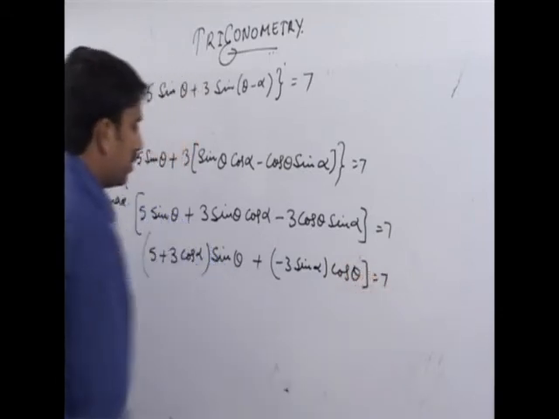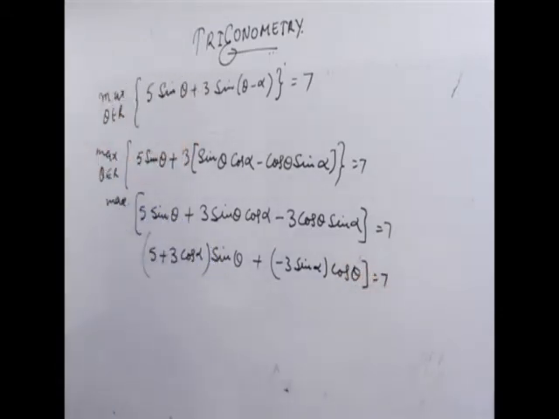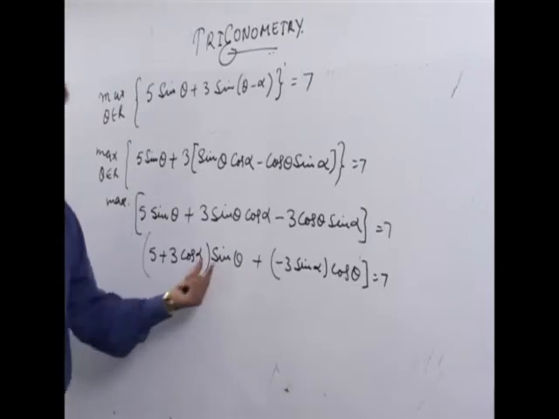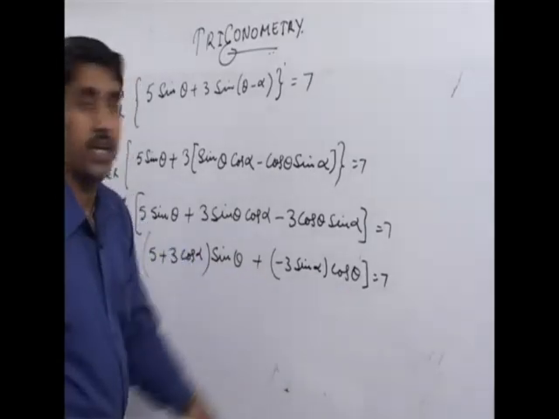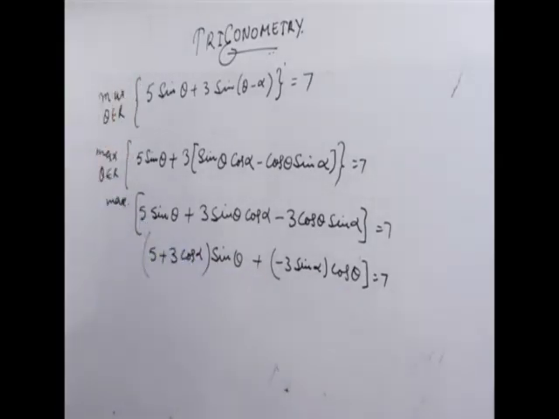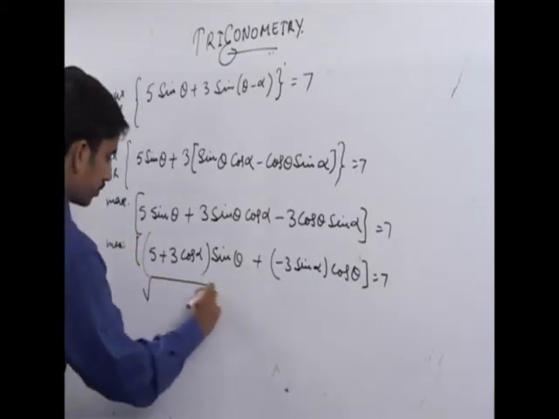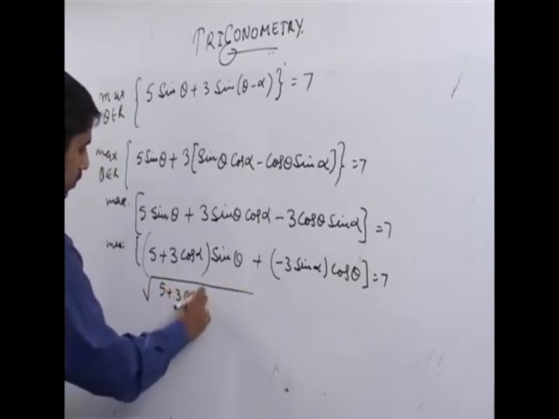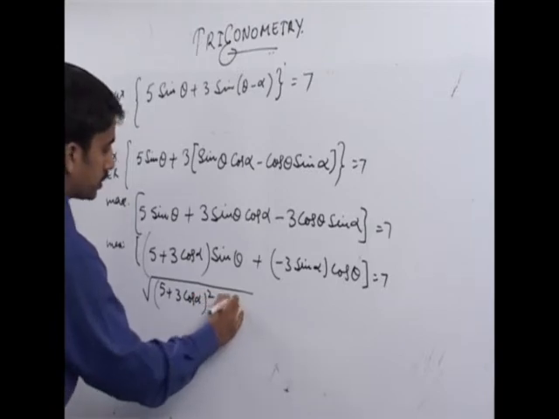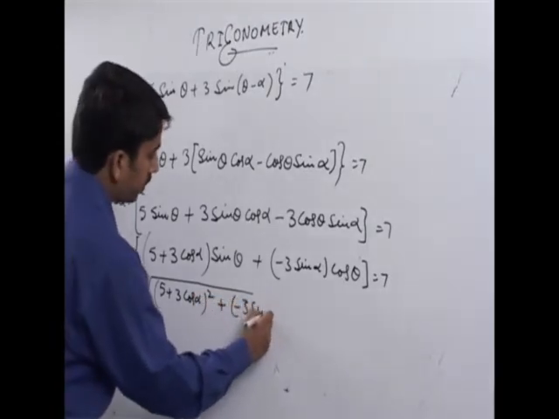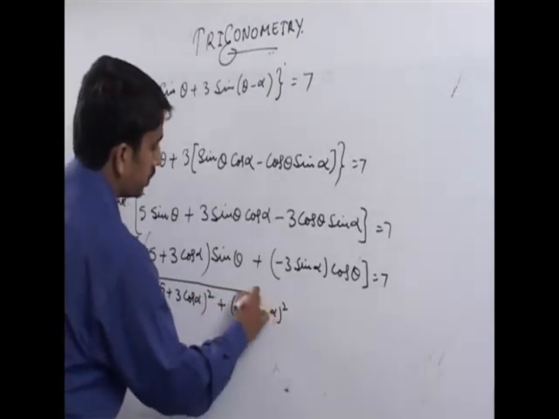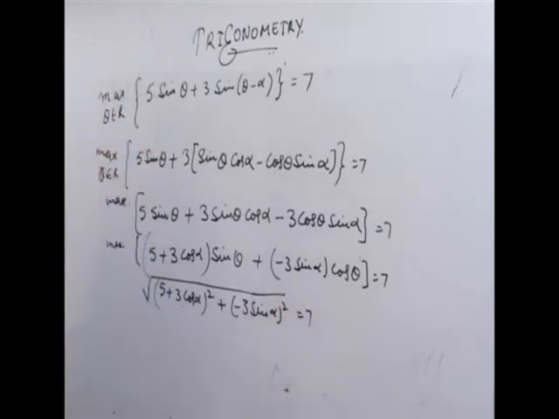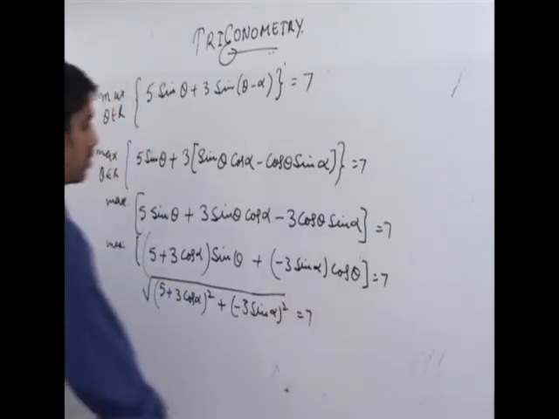equal to 7. Now we know that the maximum value of the expression a sin theta plus b cos theta is under the root a square plus b square. So if we take the value under the root, here a is 5 plus 3 cos alpha, the whole square, plus minus 3 sin alpha, the whole square. This is equal to 7.